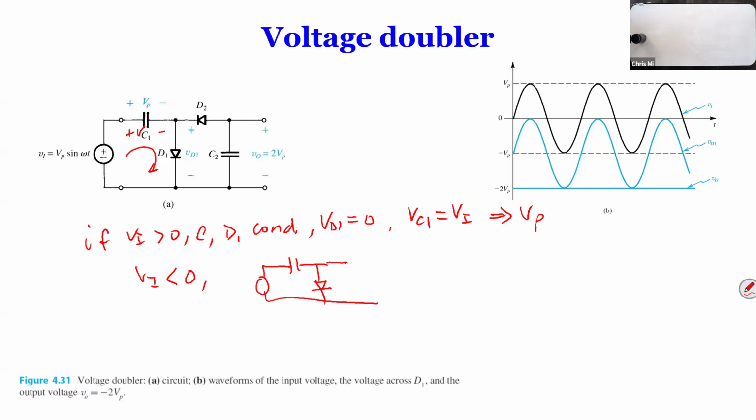Apparently, you cannot have current in the first loop anymore, because the diode is going to prevent the current flow. So you're going to have current flowing this way. D2 conducts, and you have VC2.